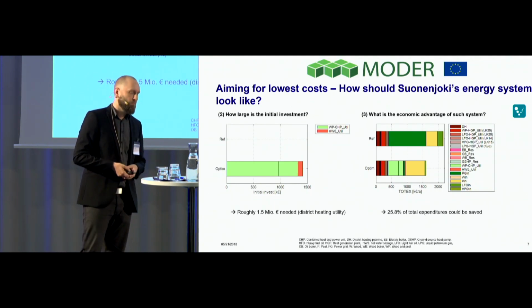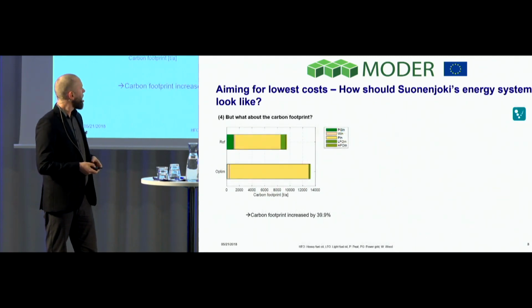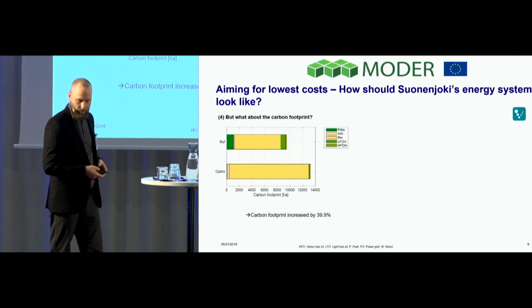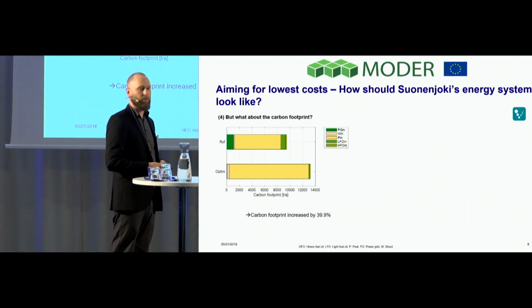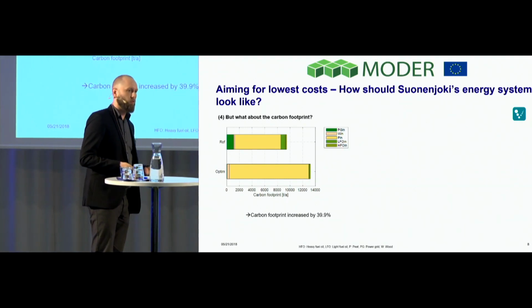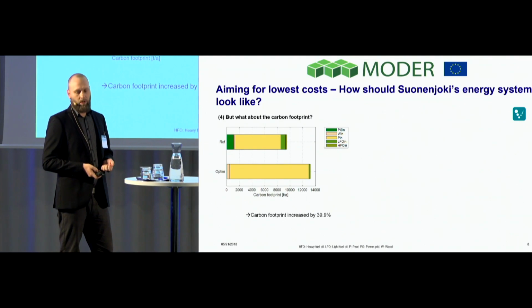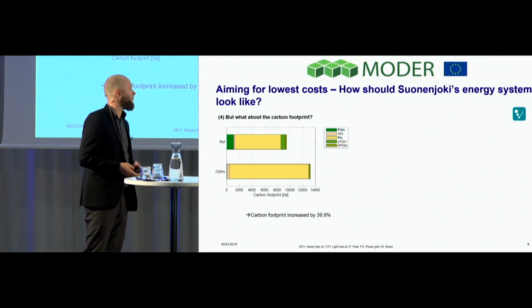But then there comes the problem that if we are thinking about the carbon footprint, this is not actually a very good solution. It's a cost optimal solution, but it's not optimal when you're thinking about carbon footprint.